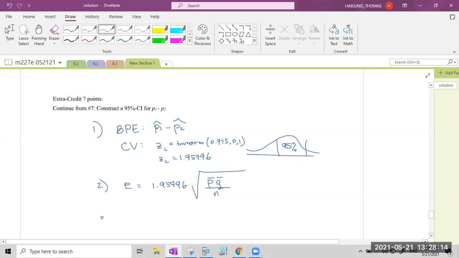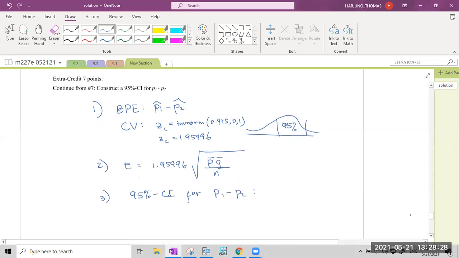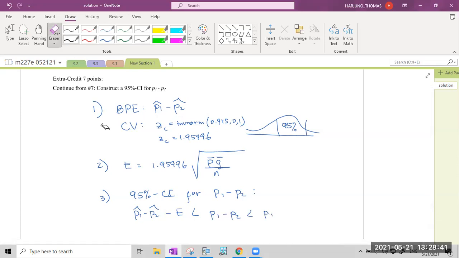And then the 95% confidence interval for P1 minus P2 will be whatever you have there: P1 hat minus P2 hat minus margin of error less than P1 minus P2 less than the best point estimate, let me just use this as the best point estimate here, plus margin of error.